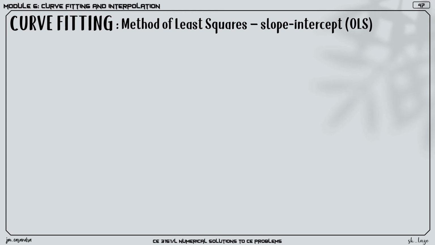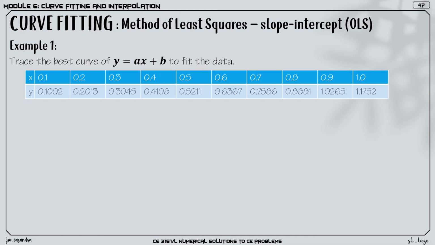For the method of least squares using the slope-intercept or the OLS method, for the given data, we are to determine the best curve for the equation of form y equal to ax plus b. So the general form of the slope-intercept is given by y equal to mx plus b.